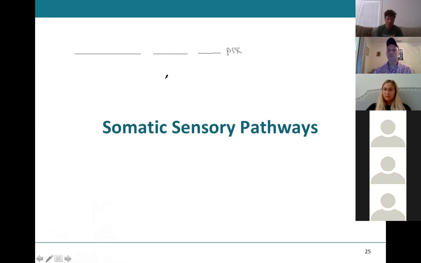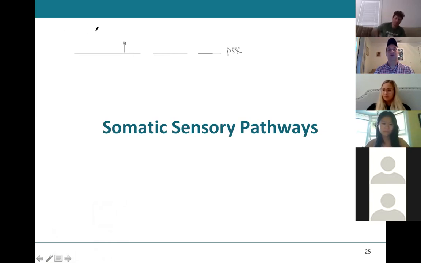Now what we've said is we've got different types of nerves collecting all of this information, so we have different modalities of sensations being collected. How do they know where to go inside that primary somatosensory cortex?